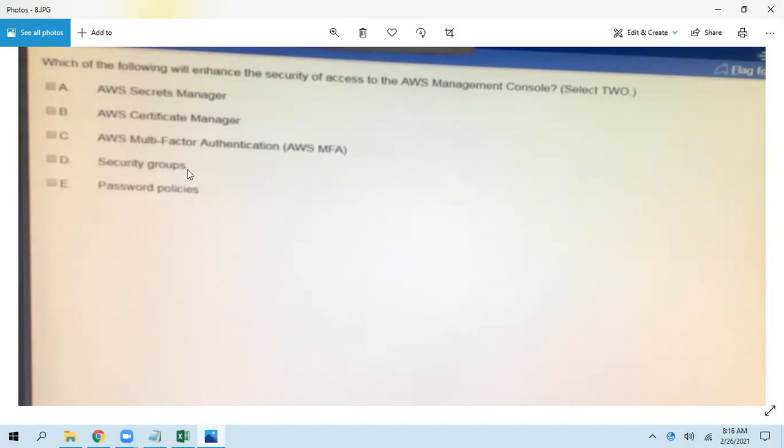Security group is for servers. We haven't discussed that. Certificate Manager gives us SSL certificates, TLS certificates. Secrets Manager is a place where we can store our username and passwords, and we can call them from a program. Instead of hard coding the username and password, we can use Secrets Manager.